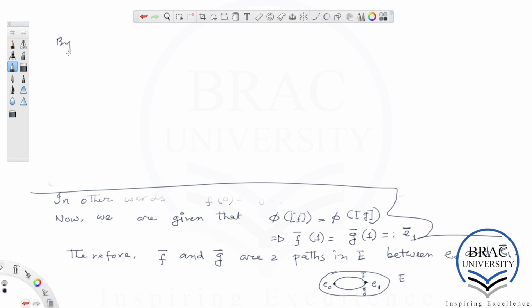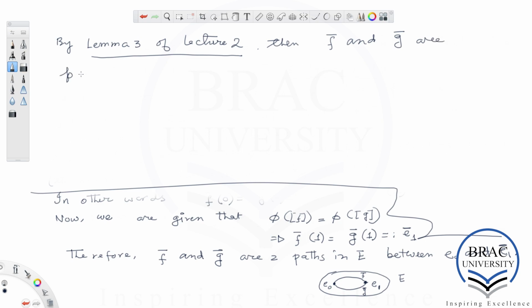Now by lemma 3 of lecture 2, okay, then F bar and G bar are path homotopic, since this topological covering space E is simply connected.